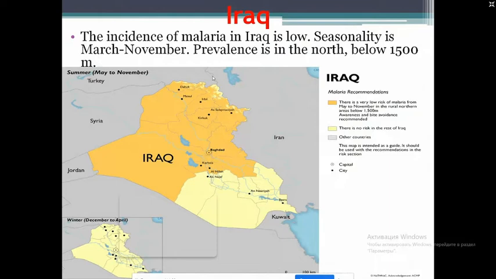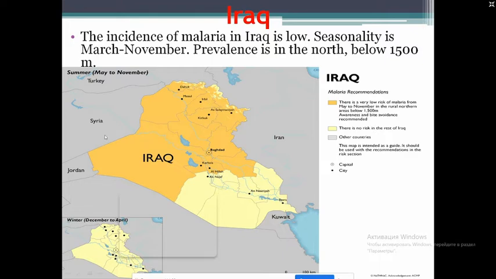The incidence of malaria in Iraq is low, dear students. Seasonality is from March to November. Prevalence in the north below 1,500 meters. So the South region, dear students, near Kuwait, where there is no risk of the malaria in Iraq.